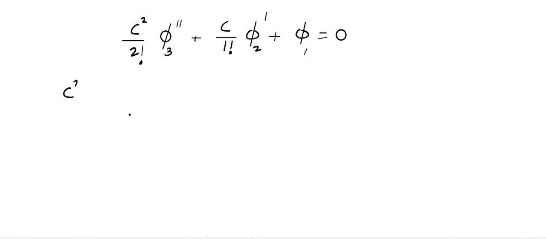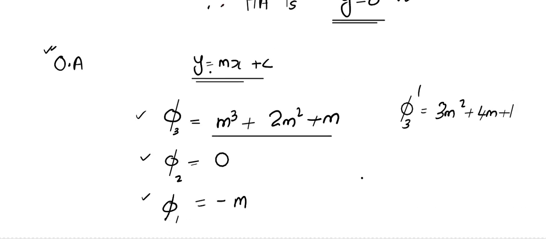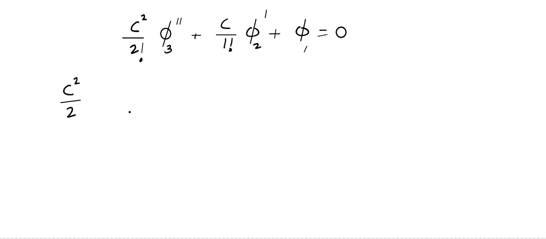That is c square by 2 into, let's go for the second derivative, phi 3 double dash will be 6m plus 4. So in bracket I'll write 6m plus 4 plus, I know this value is 0, plus phi 1 is minus m.